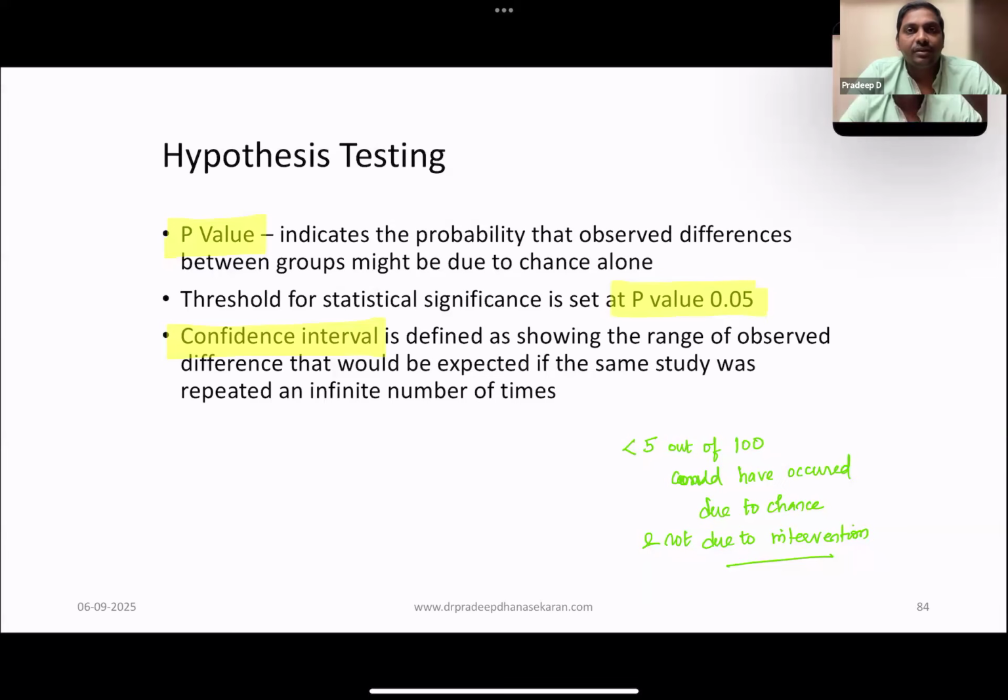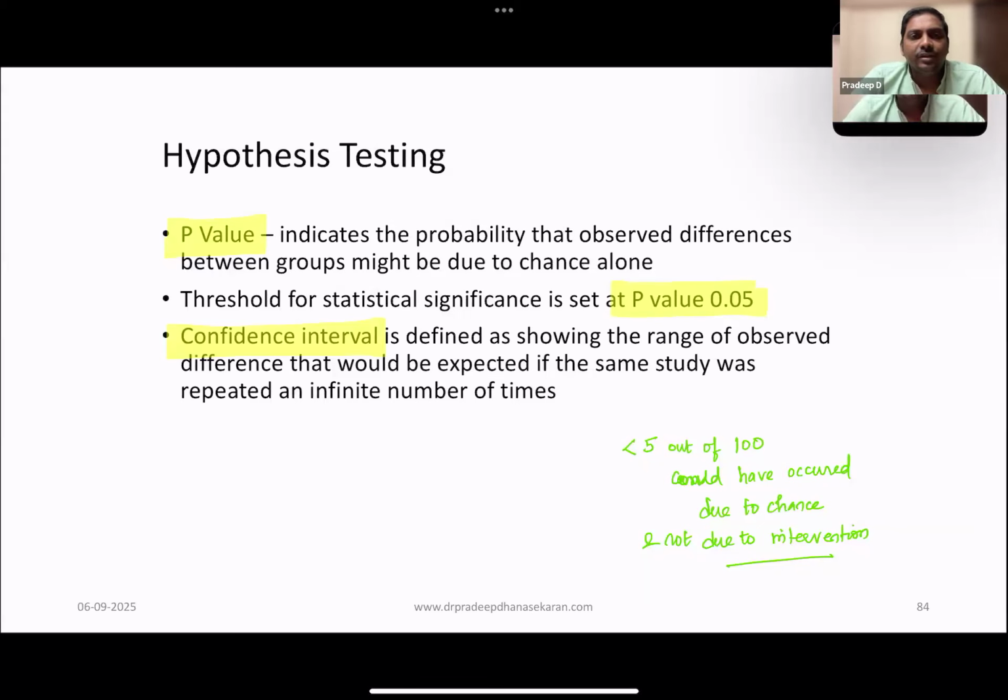The threshold for significance is a set p-value of 0.05, meaning less than 5 out of 100 could have occurred due to chance and not due to the intervention. That is an acceptable thing. If more than that had occurred due to chance rather than the intervention, the intervention that you use in the study does not have a causal association with the outcome. That is what the randomized control trial is about.